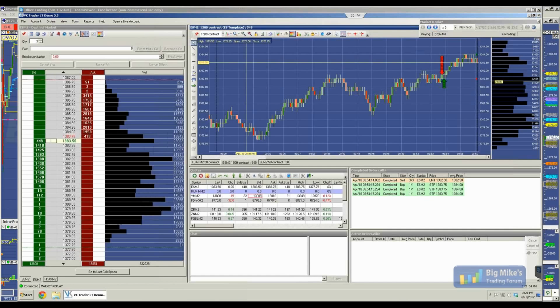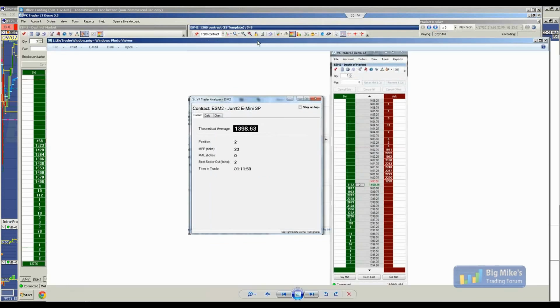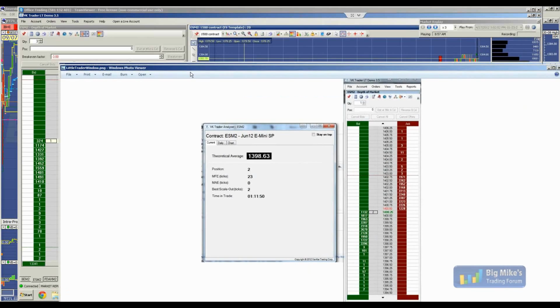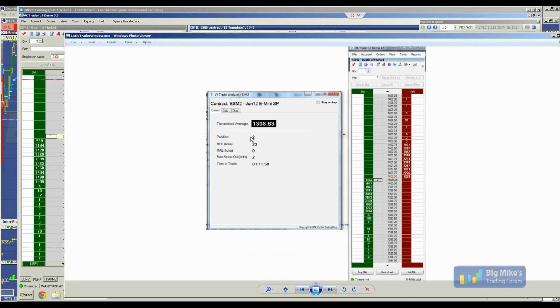The market's trading 83.75. Had I gotten the one at 82.50, my first scale would have been 82.50, 1, 2, 3, 4, 5, 81.25. Had I gotten 81.25, that would have been $62.50 that you can add to the average on the two positions, so it's half of 62.50, and then you recompute your theoretical average.